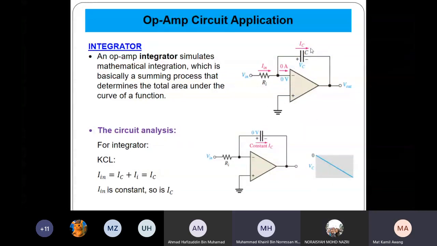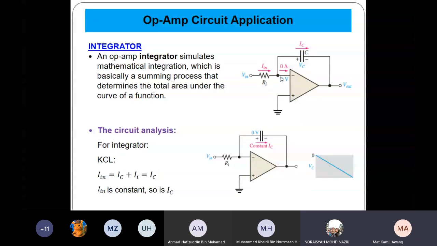So you have these circuits. For the integrator, the golden rules still follow. Virtual short circuit here. So the V plus is actually equal to V minus, which is equal to 0 volt. Right?